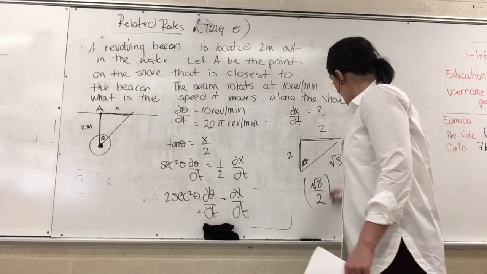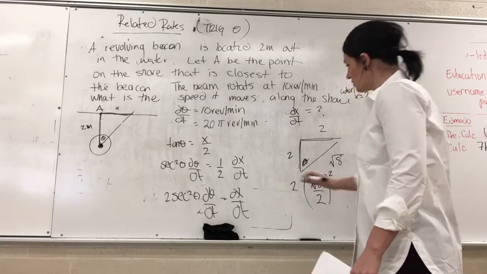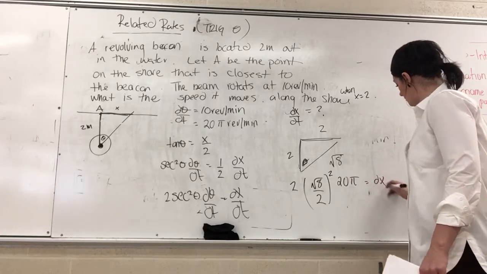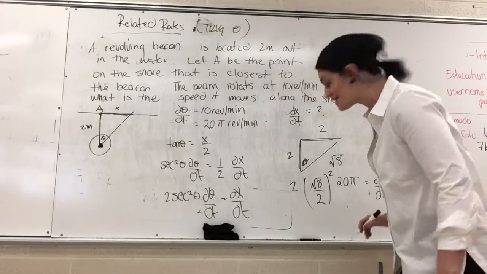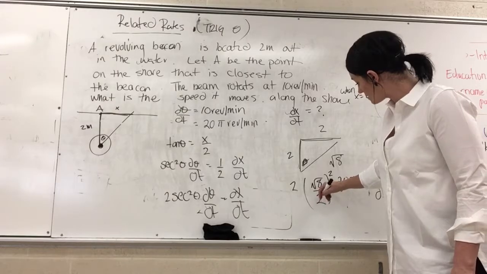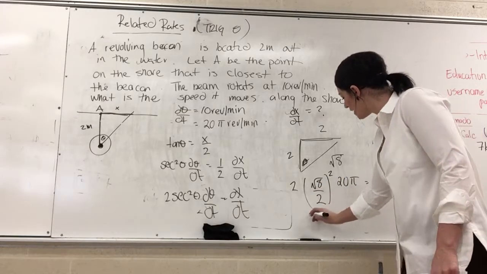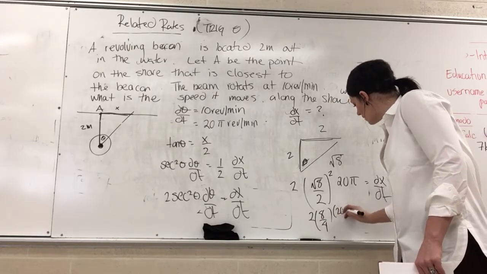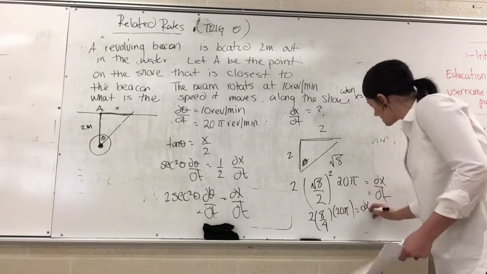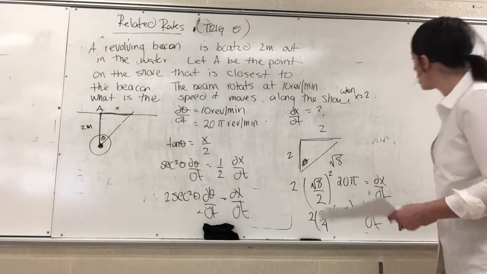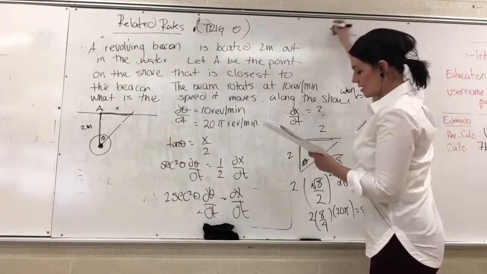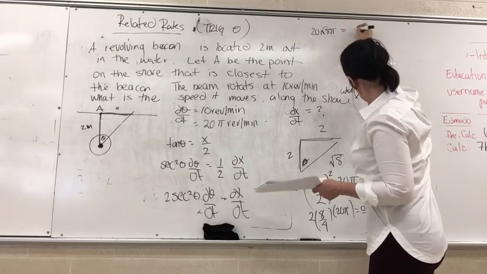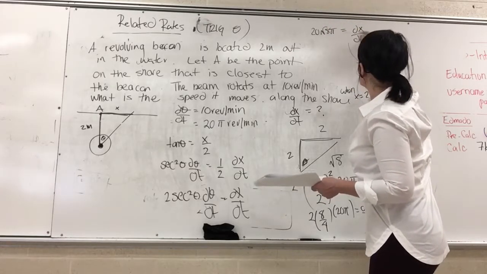And then I square that. That's times by 2, and that's times by d theta dt, which is 20 pi. Okay? I feel like I'm all over the place, but I feel like you guys got this. So root 8 squared is 8, over 4, so I have 2 times 8 over 4 times 20 pi is dx dt, and I'm going to put that all together up here, and I'm going to get 20 root 8 pi equals dx dt.